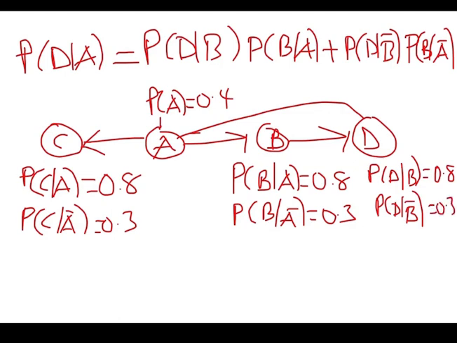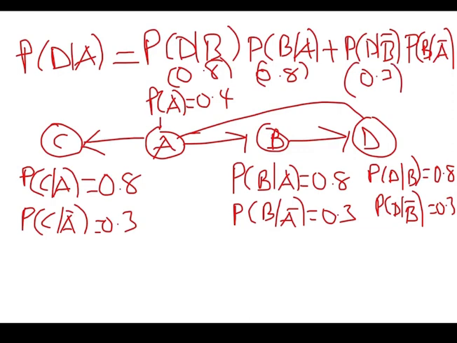Now, based on what you're given, let's take a look. What is the probability of D given B? This is 0.8. What is the probability of B given A? That's another 0.8. I've started plugging in. What is the probability of D given B complement? It is 0.3.